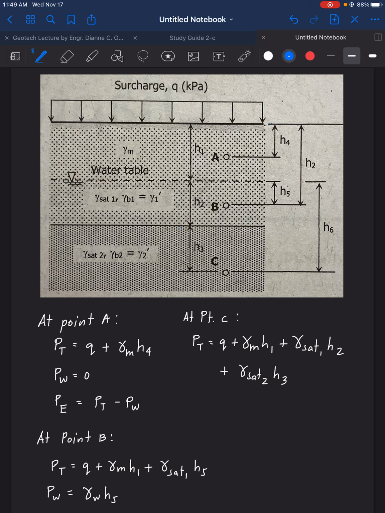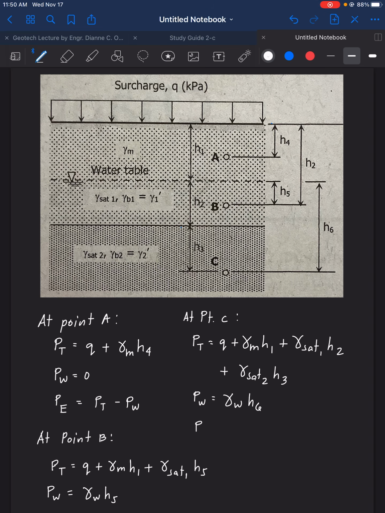H3 is the location from the water table up to point C. Next, we have PW, pore water pressure. We have there gamma of water multiplied with H6. Okay, so that's the height of water from point C up to the water table there.